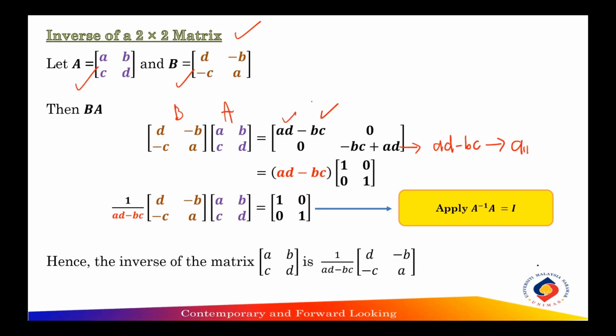As you can see here, we can factor out AD minus BC from the matrix, and we have AD minus BC multiplied by the identity matrix here. Now I want to make the identity matrix the subject. So I will remove AD minus BC on the right hand side by multiplying both sides by 1 over AD minus BC.